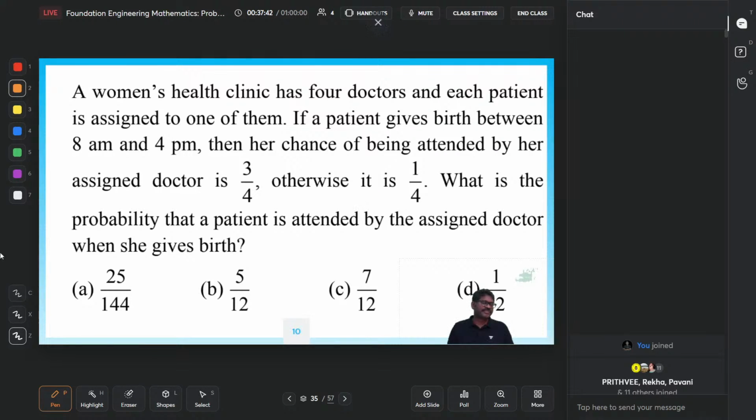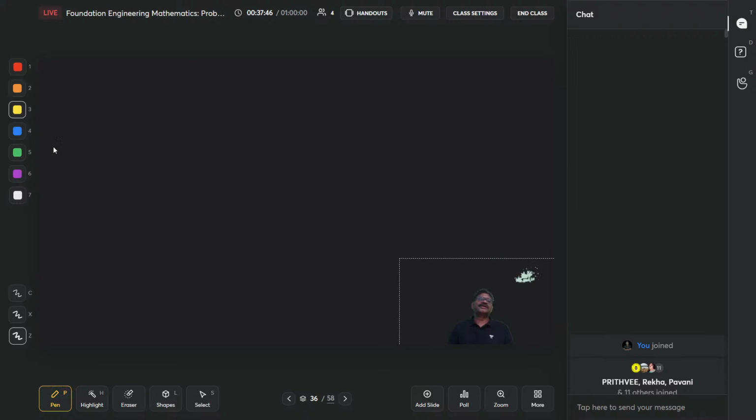Observe here. The probability that she gives birth between 8 a.m. to 4 p.m. is 1 by 3.